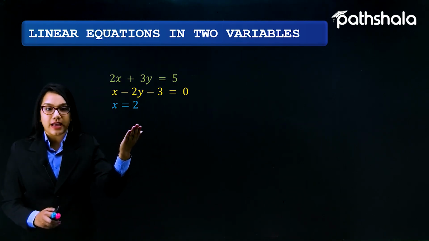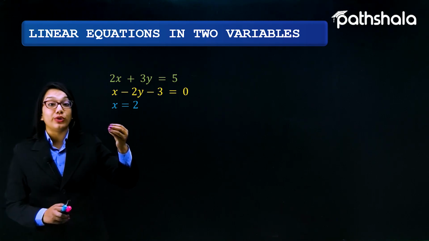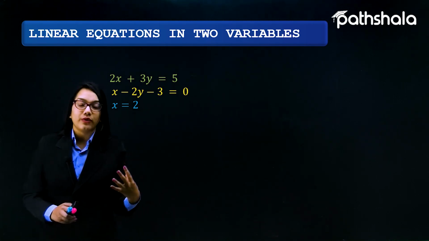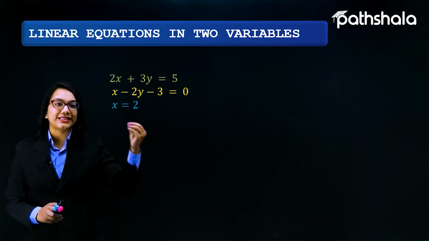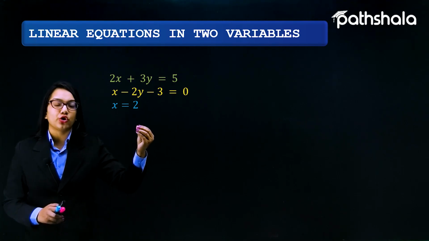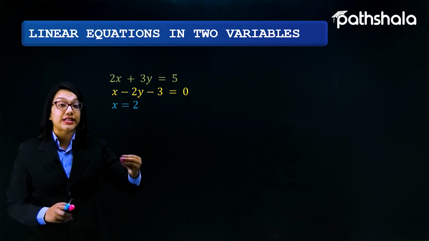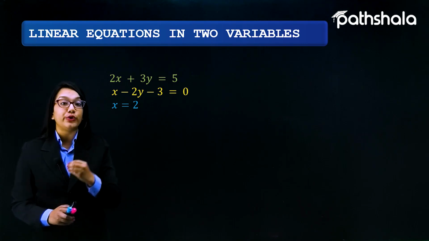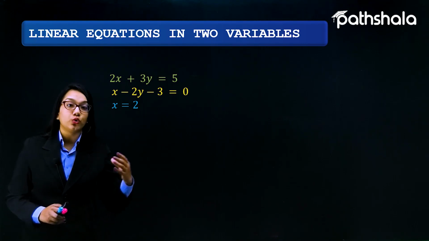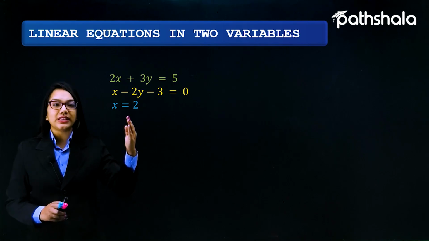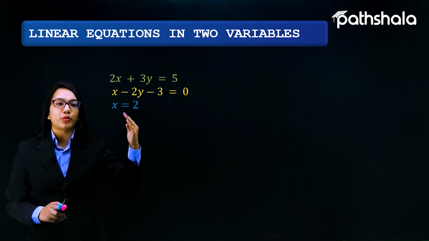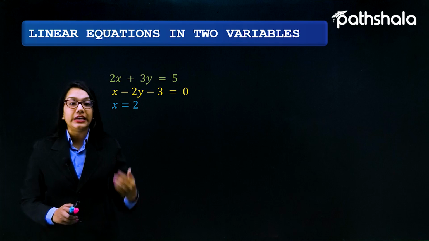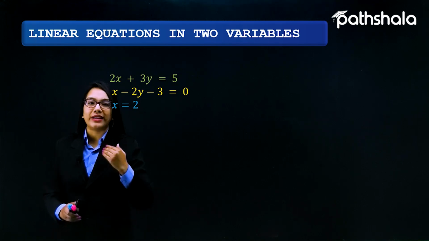But in the third example, we have only x as 2. We can also convert this x is equal to 2 into the form of x and y variables as x plus 0 into y is equal to 2. So this equation can also be expressed as a linear equation in two variables.